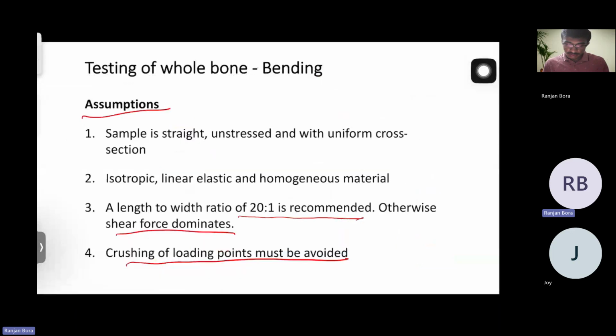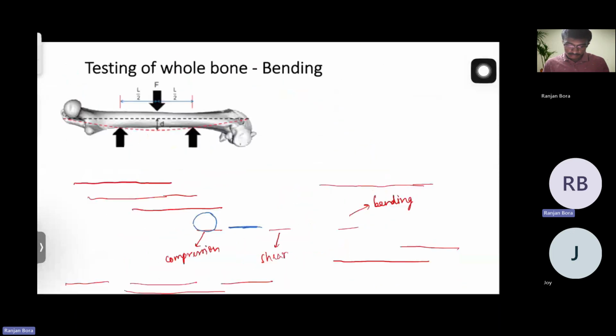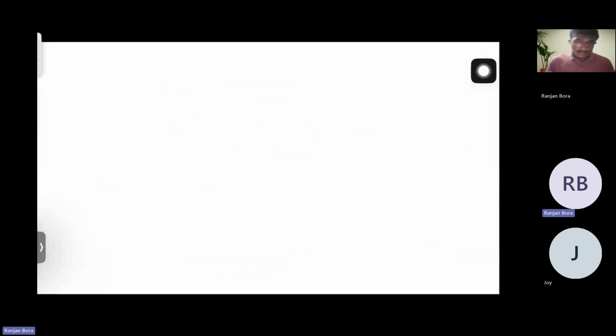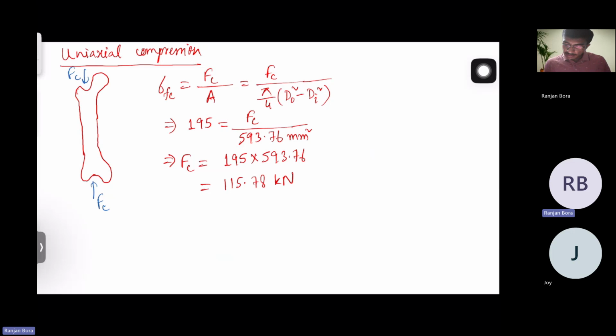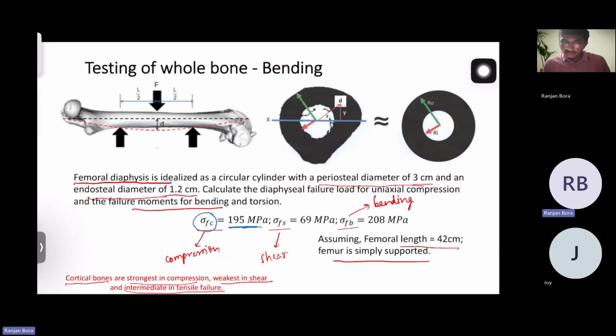So the second case is the failure moment for bending. In this case, the maximum bending moment is FL divided by 4. Here we have to consider the length of 42 centimeter, the femoral length.